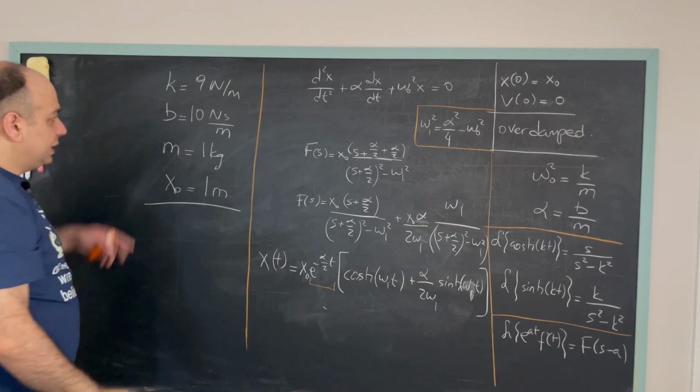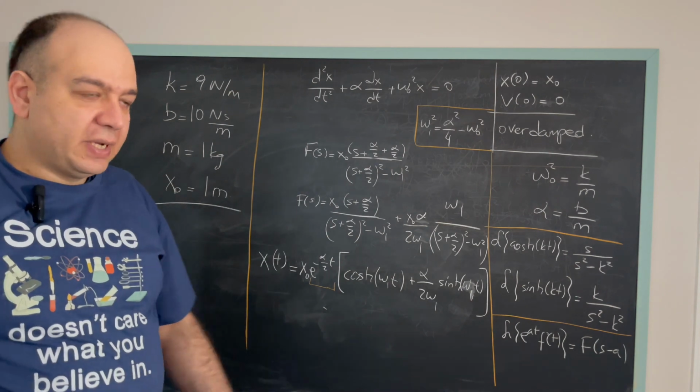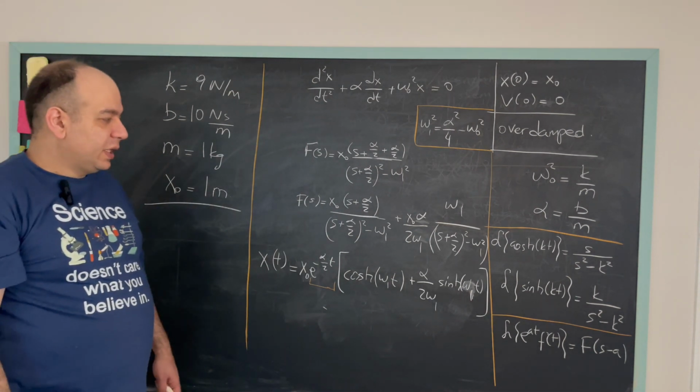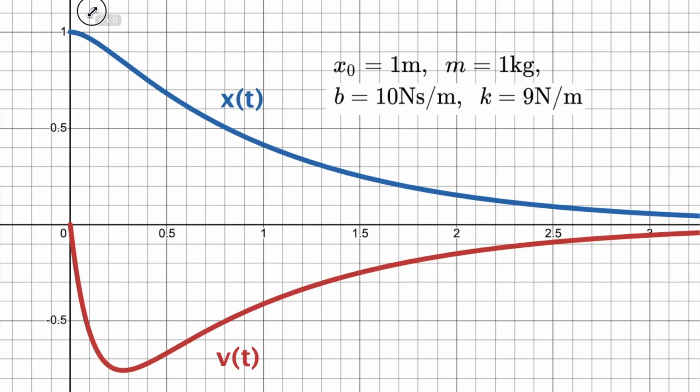Based on these parameter values, I plotted x versus t and v versus t graphs, and now you will see them. As you see, initially my location is 1 meter, and then it actually tends to 0 as time goes by. Initially velocity is 0, and then it picks up some speed in the negative direction.